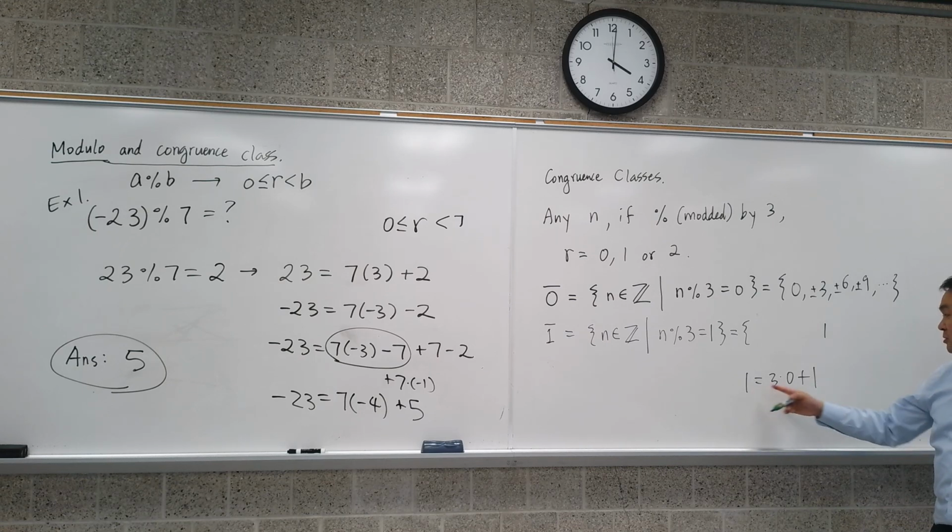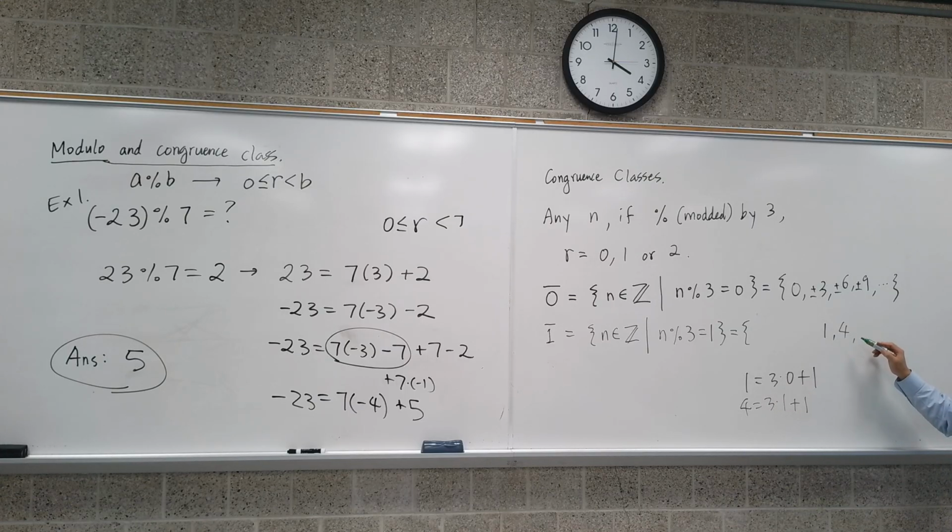So 1 definitely has remainder 1 when you mod by 3. What's another one? 4. 4 is 3 times 1 plus 1, right? What's another one? 7. And you can see that they increase by 3, right?